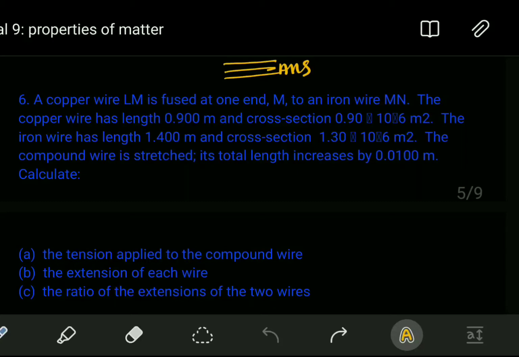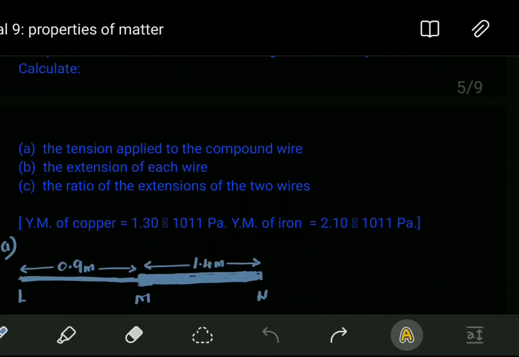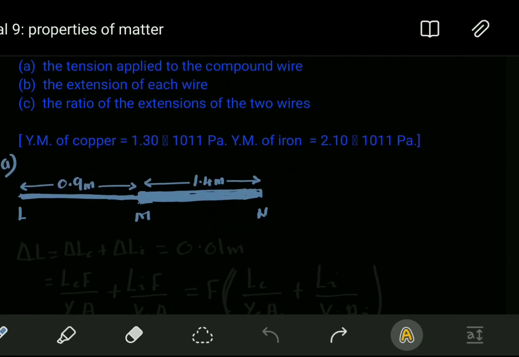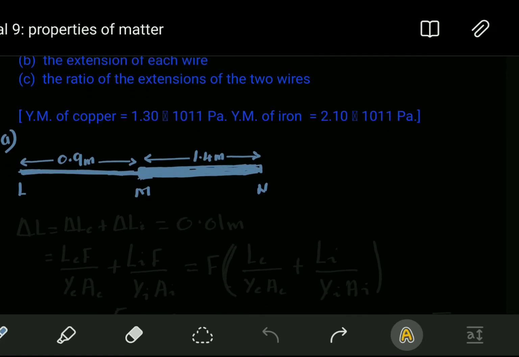Then after finding that, we go ahead and find the ratio of the extensions of the two wires. So take a look at this diagram here. This is how they look. We have from L to M, that is the copper wire, and from M to N is our iron wire.